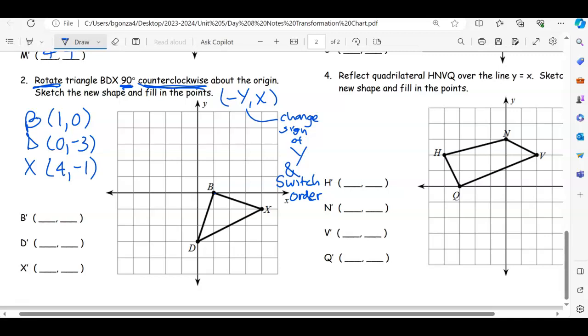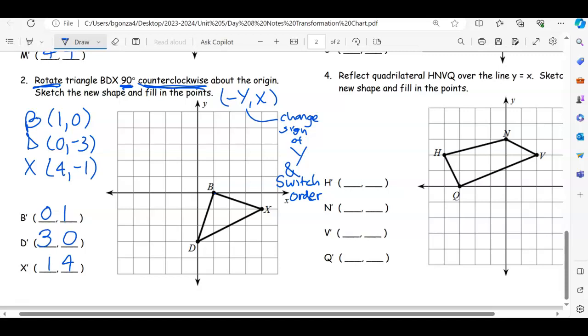Change the Y sign, flip it. What's it going to be? 0, 1 is correct. What about letter D? 0, -3. Change that -3 sign and flip it. What's it going to be? +3, 0. Very good. Last one, if I change the -1 to a +1 and flip it, it'll be 1, 4. Cool?